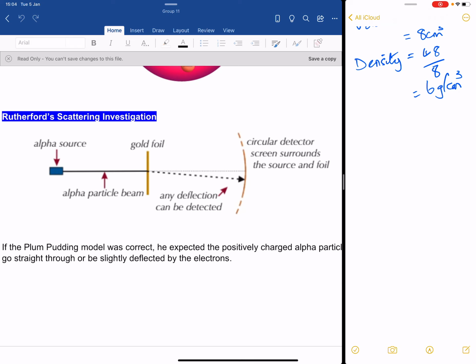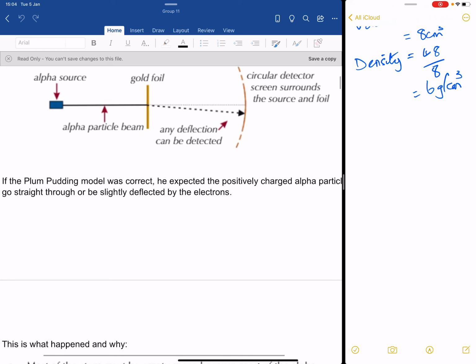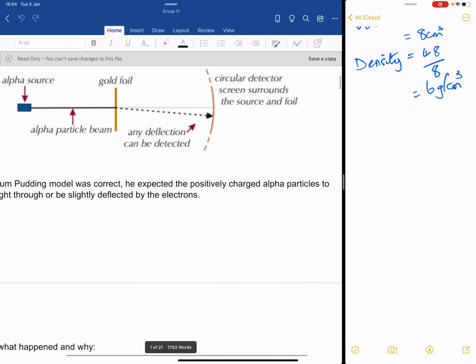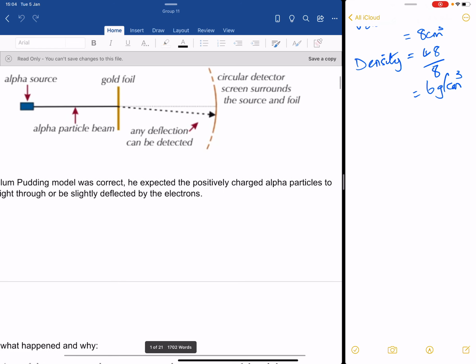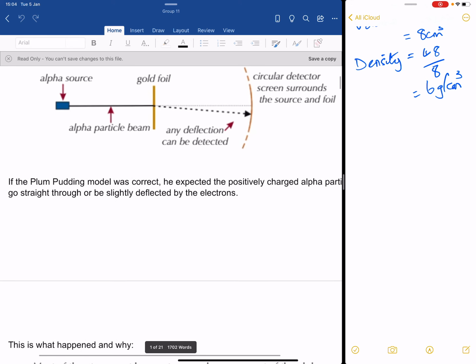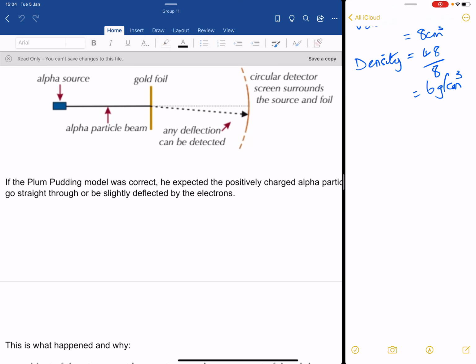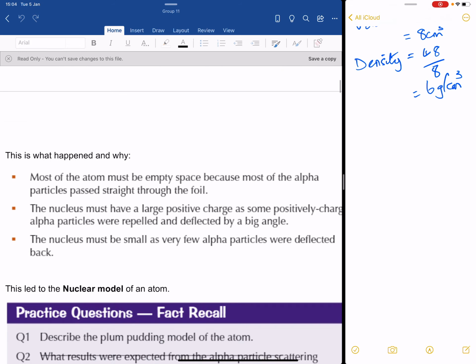If the plum pudding model was correct, he expected the positively charged alpha particles to go straight through or be slightly deflected by the electrons. And by slight deflection, we're probably talking about less than 4 degrees when it comes to angles. However, this is what happened.